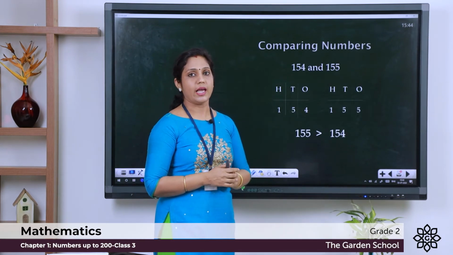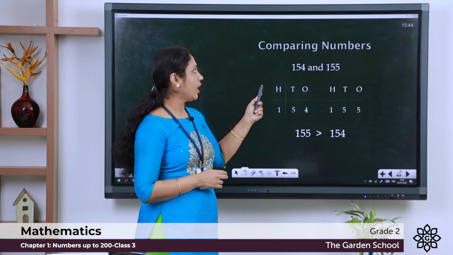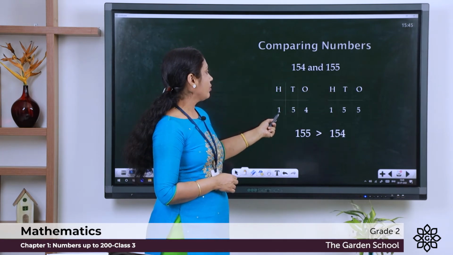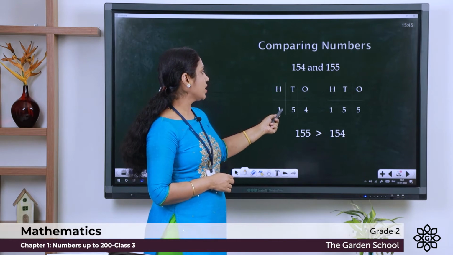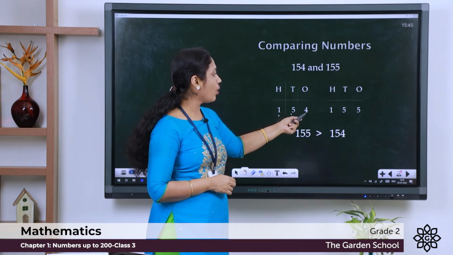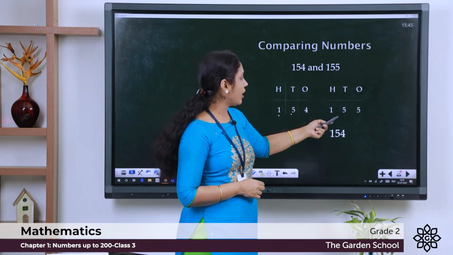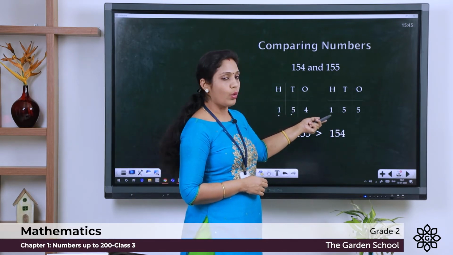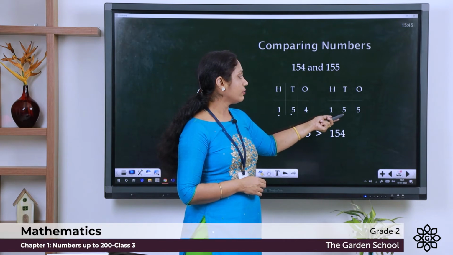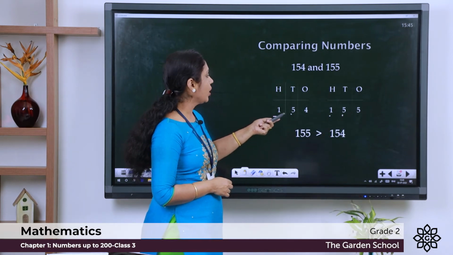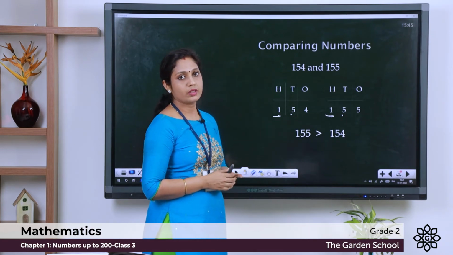Let's check another example. Here we have 154 and 155. We have 1 hundred, 5 tens, 4 ones in the number 154. In the number 155, we have 1 hundred, 5 tens and 5 ones. In the hundreds position, we have the number 1.